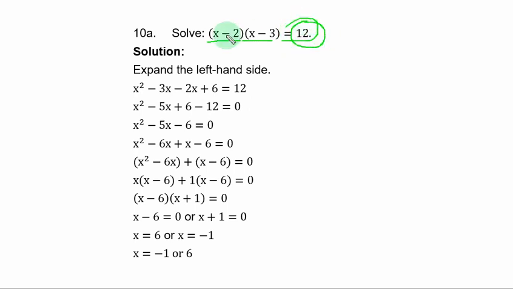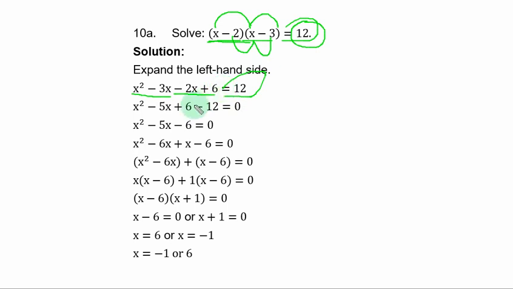What we do here is that you expand the left hand side, you transfer 12 in for you to have 0. So to expand, the first term s times first term and second term of the second bracket, you have s squared minus 3s. The second term of the first bracket times first term and second term, you have minus 2s plus 6 equal to 0, equal to 12.